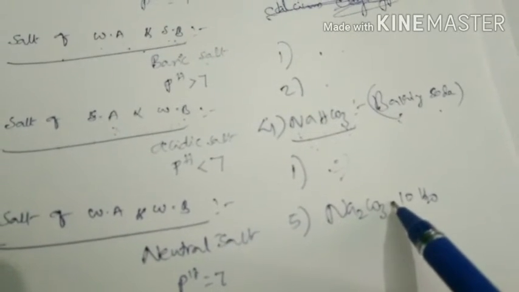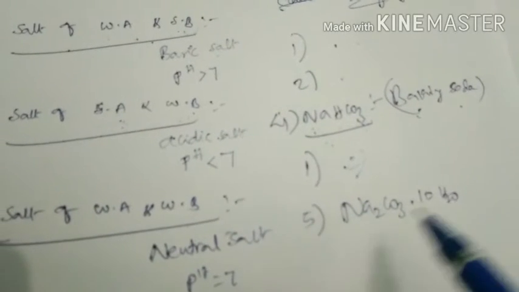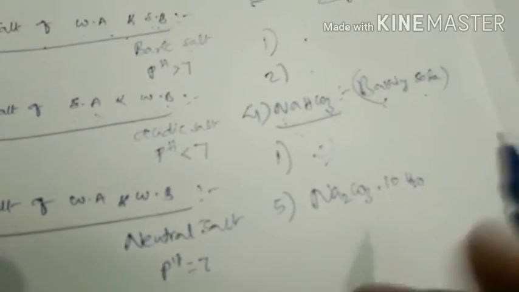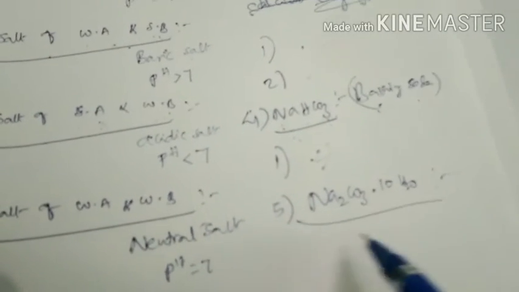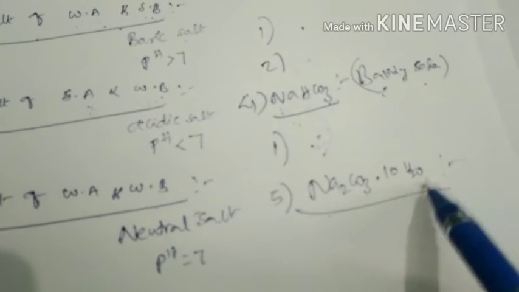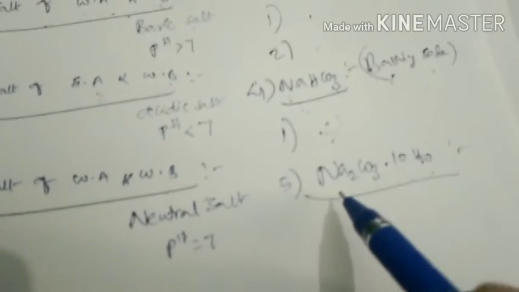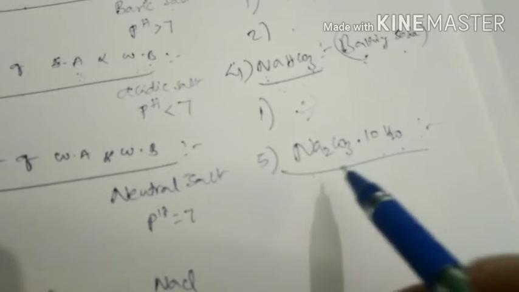The dot means an addition compound, meaning these 10 water molecules are present with Na2CO3. Its chemical name is sodium carbonate decahydrate, simply called washing soda.